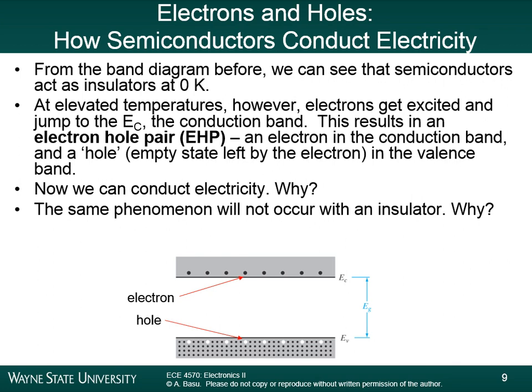One misperception that students always have in the class is they say, well, only the conduction band can conduct electricity. That's why it's called the conduction band. That's not correct. The valence band can conduct electricity, so can the conduction band. The distinguishing factor is the type of carrier. In the conduction band, the carrier is the electron.